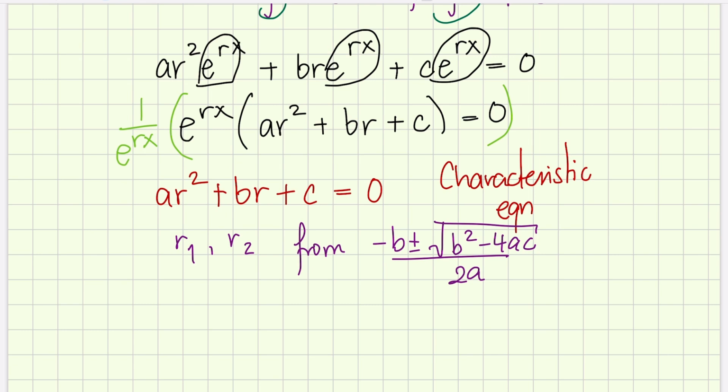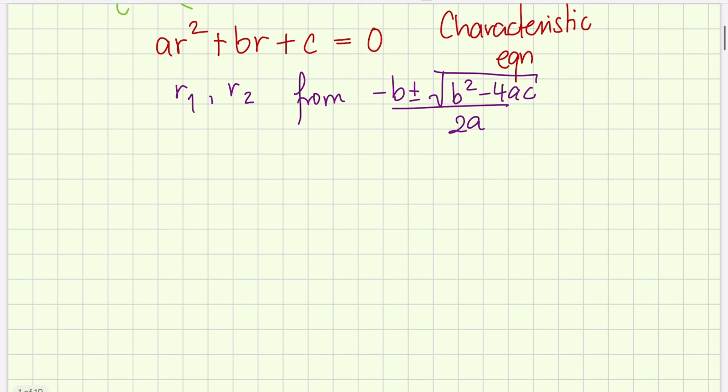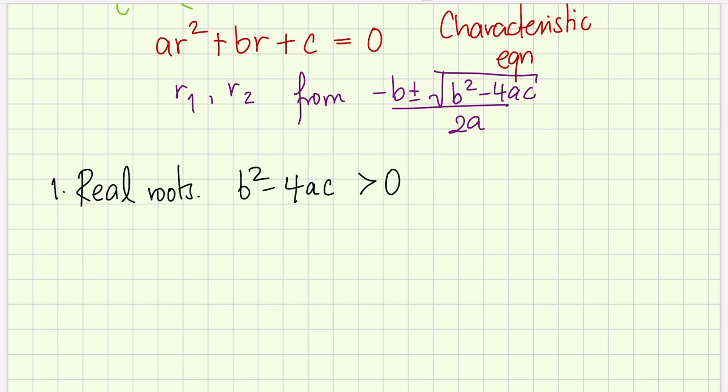Now there are three types of roots that you can get. The first type is real roots, like real numbers. This you get when b squared minus 4ac is greater than 0 over here under the square root.